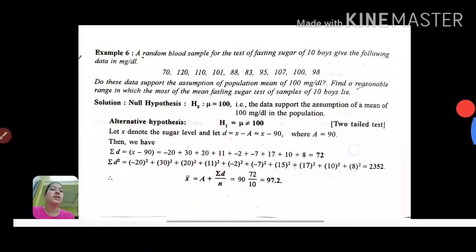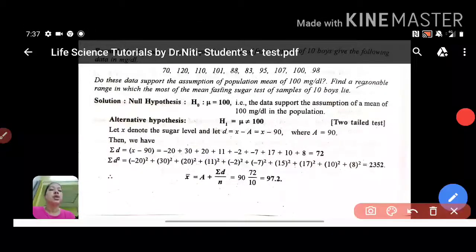Let's solve it. Firstly you have to set the hypothesis. Null hypothesis means sample mean is equal to population mean, that is 100 milligram per deciliter, and the alternate hypothesis will be the opposite of it. Here they have taken the assumed mean as 90.